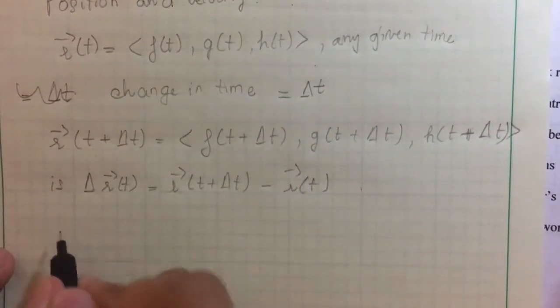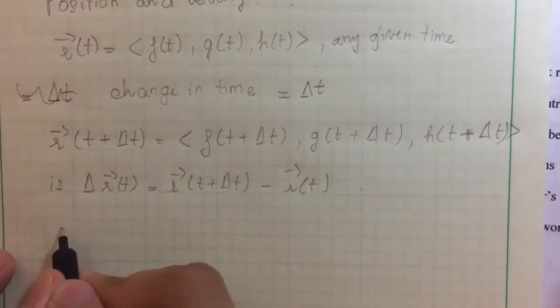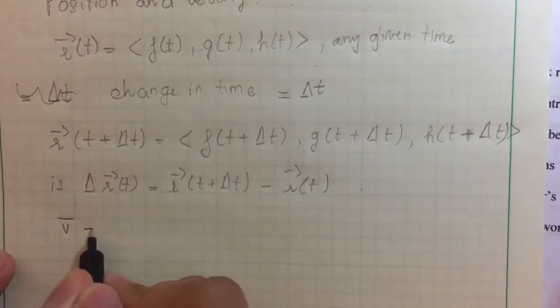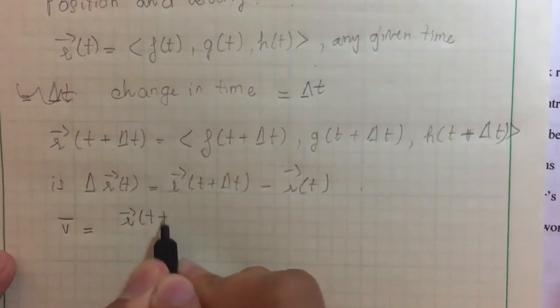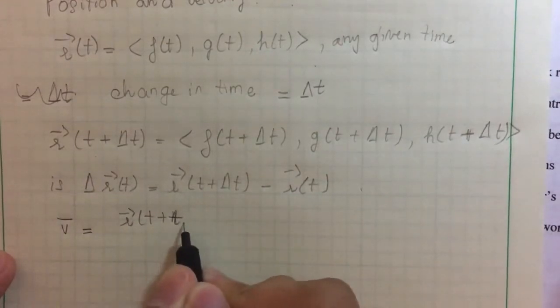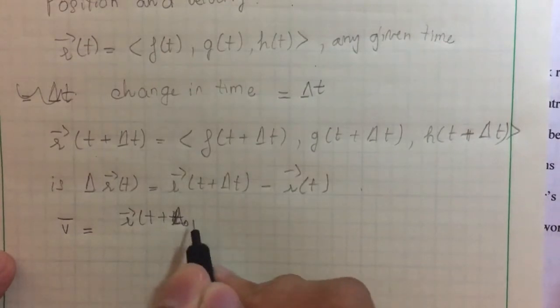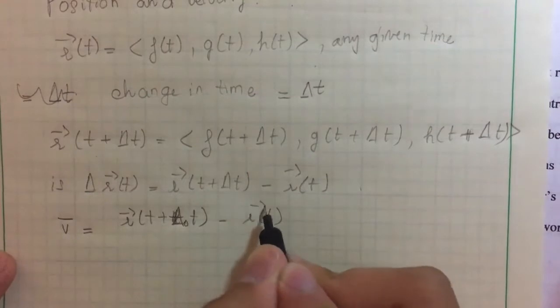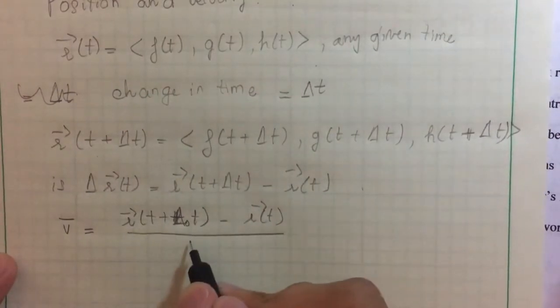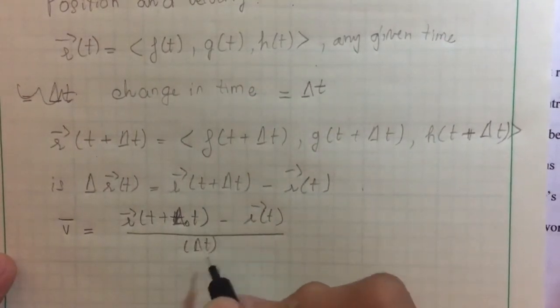Then the average speed is equal to r of t0 plus delta t minus r of t0, over delta t.